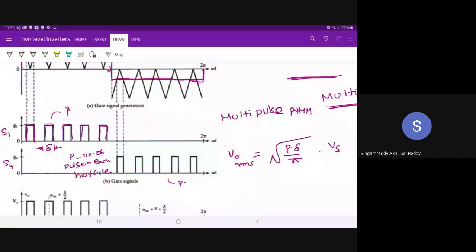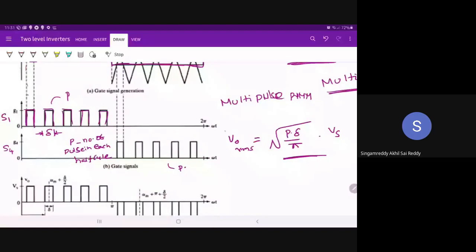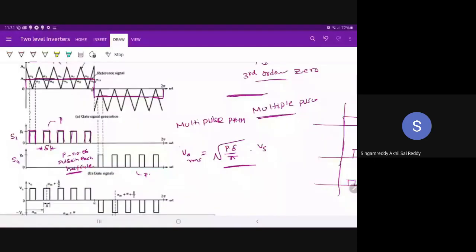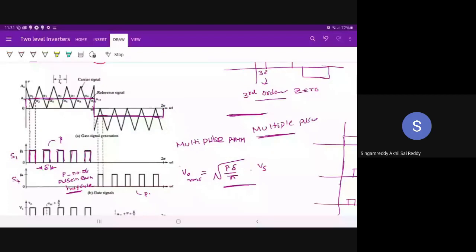So p delta by pi into Vs. Here you have to remember that p is the number of pulses in each half cycle, and delta is the width of each pulse.